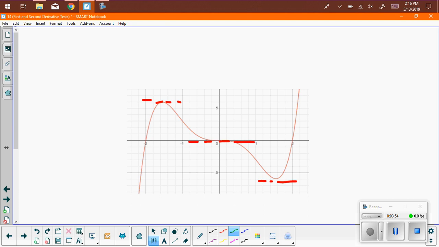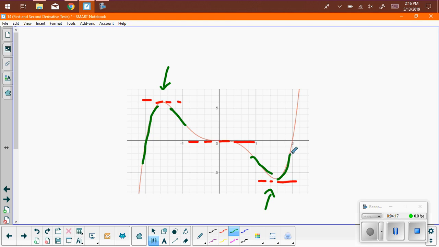For instance, with my first one over here, on this side of the function, my function is increasing, and on this side is decreasing. So if I knew that, then I could say that's going to be a maximum because it was going up and now it's coming down. Similarly over here, it's going to come down and go back up. It was decreasing and increasing.